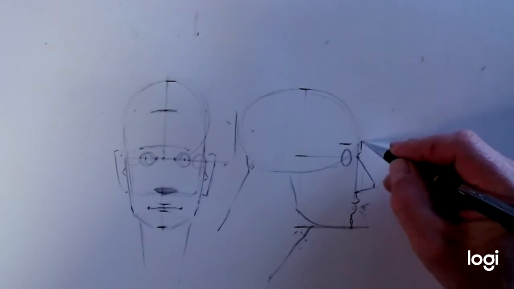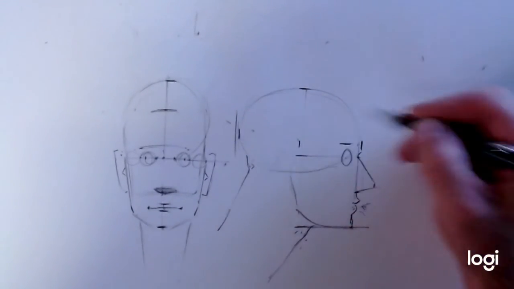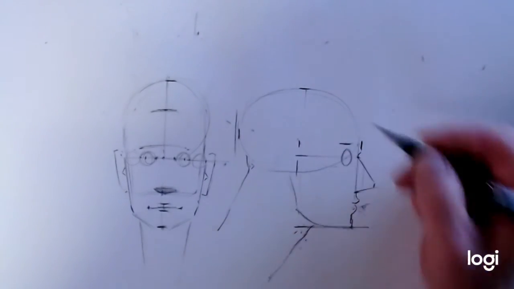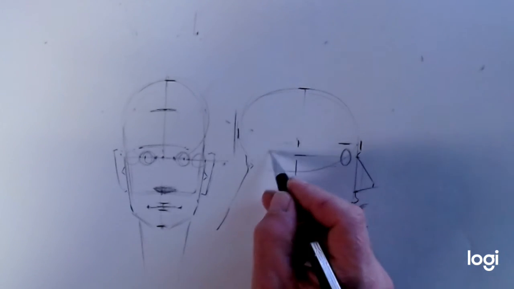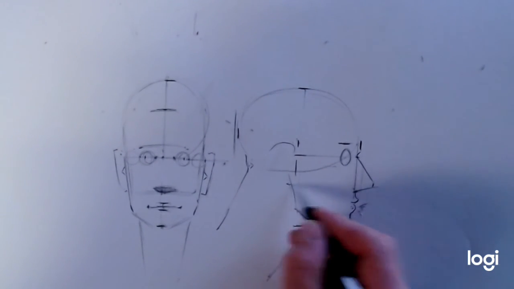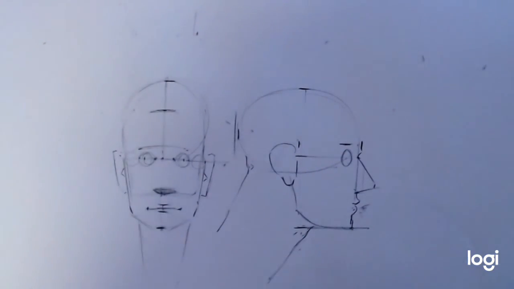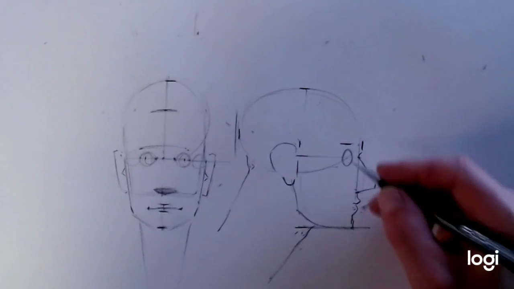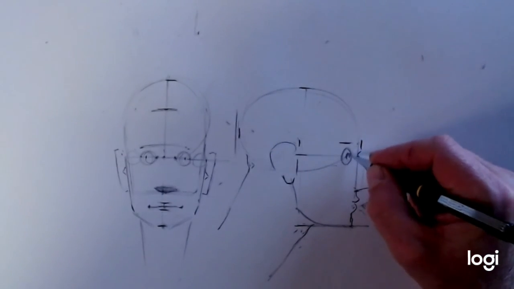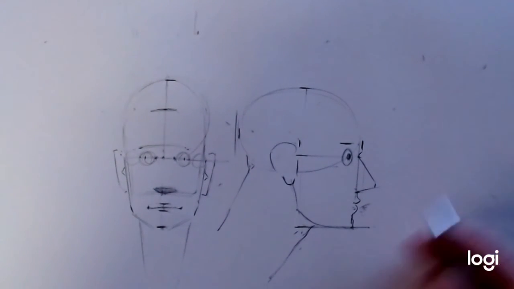If you go from here to the back and you find the center, the ear begins behind the center at the level of the brow to the level of the nose. And these are the general proportions of the head, okay?